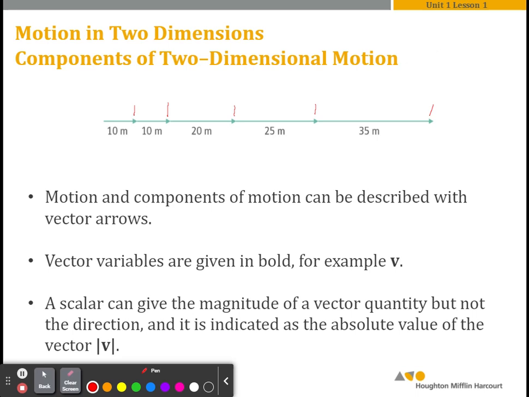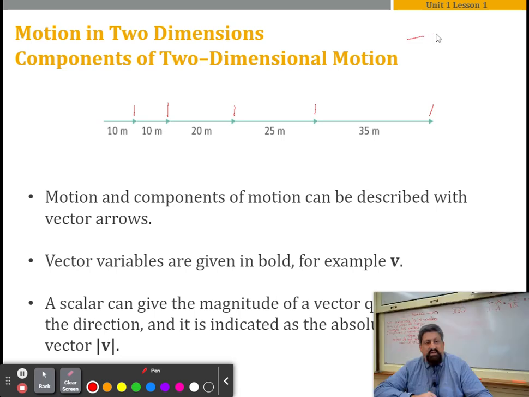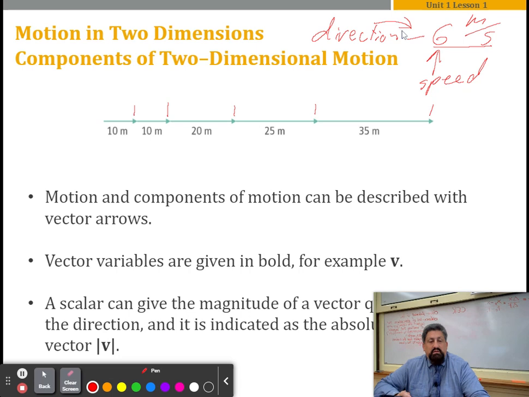Well, if the velocity is -6 meters per second, that means that his speed is 6 meters per second. That's his speed, and his direction is in the negative direction. Speed is a scalar, velocity is a vector.